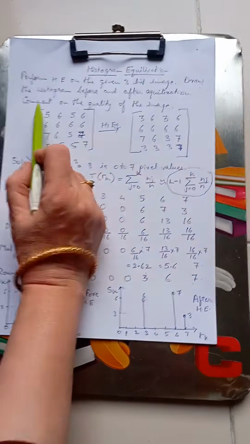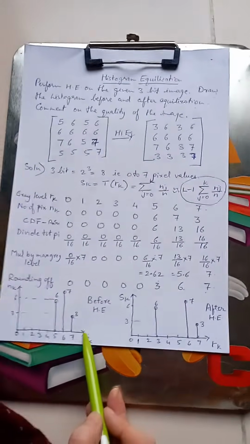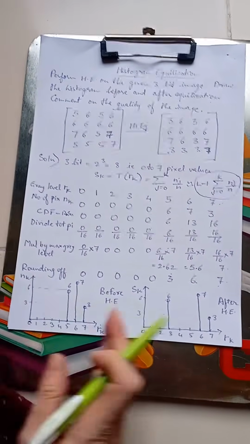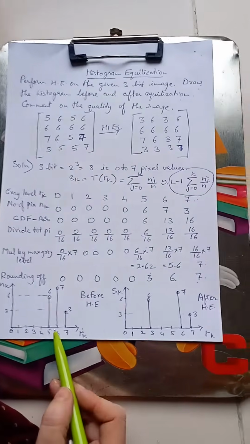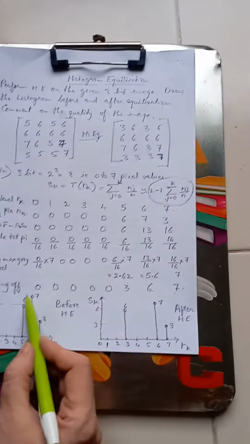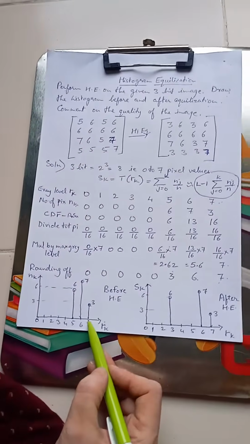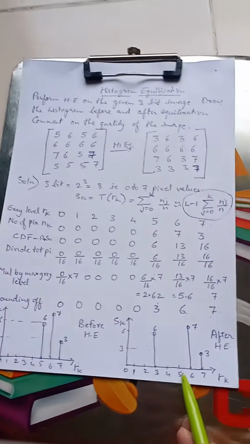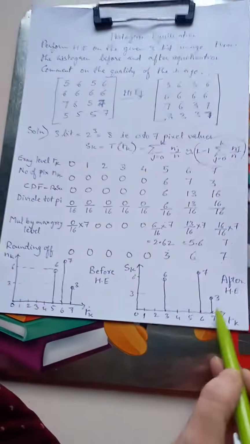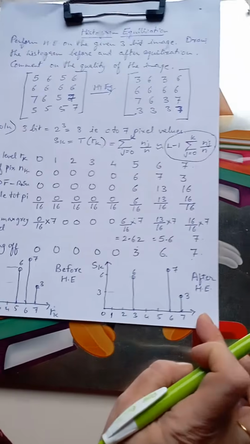Now lastly we have to comment on the quality of the image. If you see the original histogram, the concentration of the pixels is on the right-hand side. That means it is a bright image. After performing histogram equalization, the pixel values have spread over the total range.